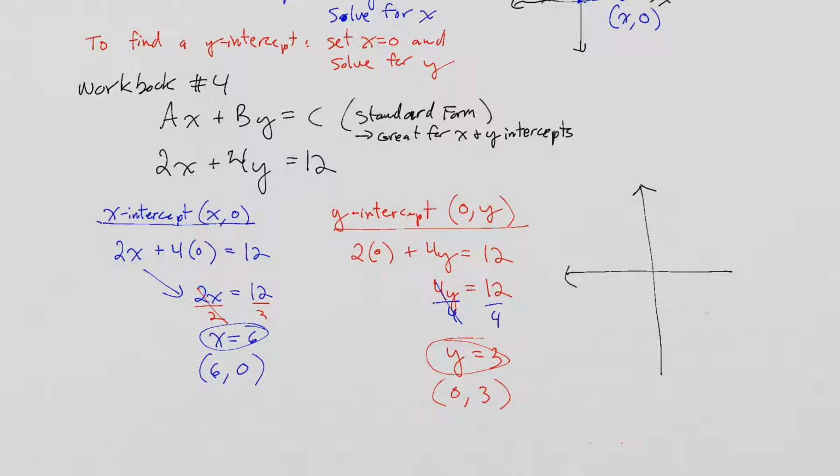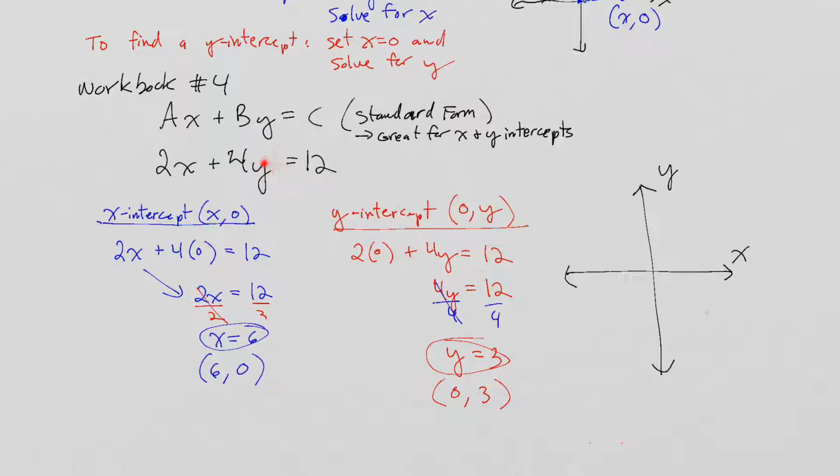Okay, so let me just say that with this method, you can probably find these intercepts in your head using mental math, if you basically cover up one of the terms. So let's say if I wanted to find the x-intercept, I will cover up this and just solve 2x equals 12. So in your head you're saying 2 times 6 is 12, so that means my x-intercept is 6. Okay? So technically you could do these without really doing any work.